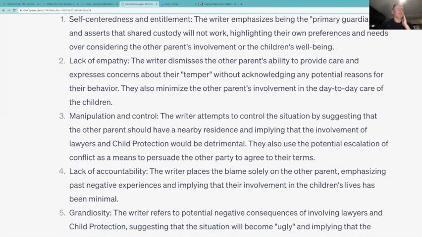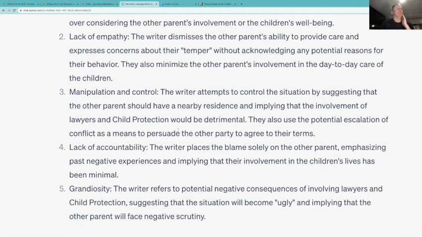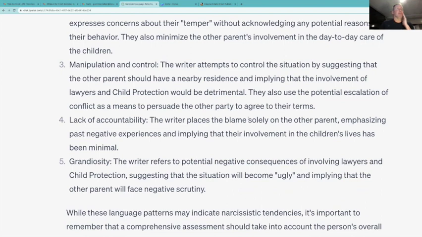Narcissistic language pattern is manipulation and control. Attempts to control the situation by suggesting the other parent should have a nearby residence. Lack of accountability, places the blame solely on the other parent, and grandiosity. So it can be helpful in identifying those language patterns. But again, I found this helpful in terms of she refused to get a psychological assessment.